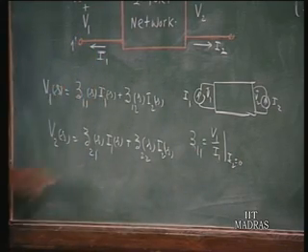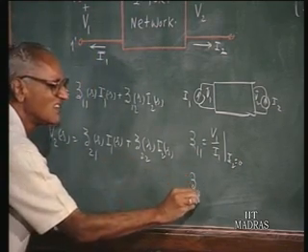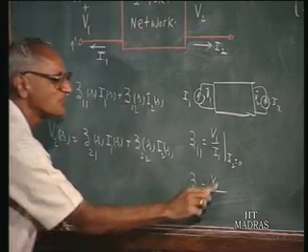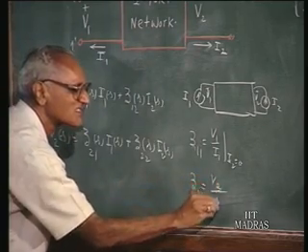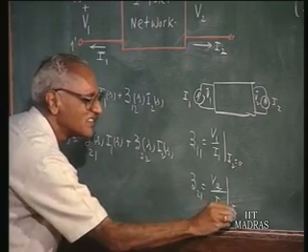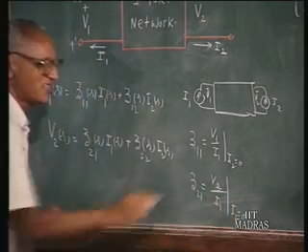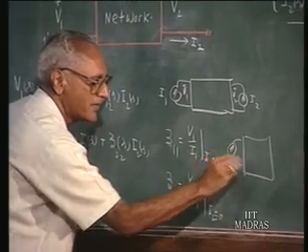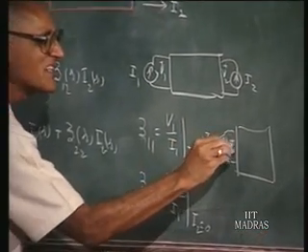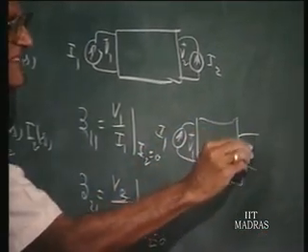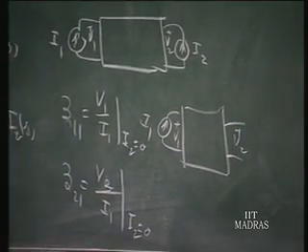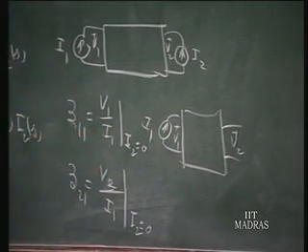Similarly, Z21 is V2 by I1 when I2 is 0. That means you are now thinking of a situation where a current I1 is fed in and you are measuring the responses V1 and V2. The ratio of V2 to I1 is Z21, the ratio of V1 to I1 is Z11.